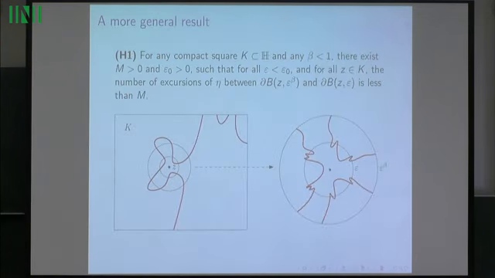The hypothesis H1 is actually very easy to check. It's just because there are no annulus crossing probabilities for SLE, so it is immediately true for any SLE kappa, because this probability decays as a power law of epsilon, and then we can use Fourier controlling to show it.